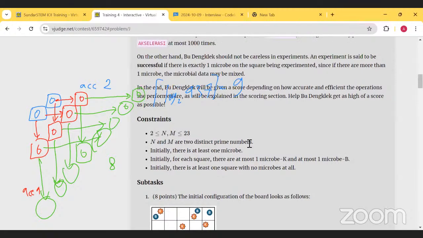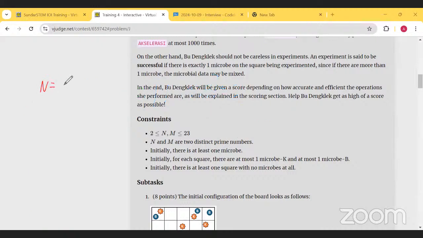In order to make the greatest common divisor 1, because the greatest common divisor between 2 prime numbers is always 1. For example, 90 and 23, 1. What if the greatest common divisor is not 1? Let's say n is equal to 2 and m is equal to 4, then we cannot solve the problem.